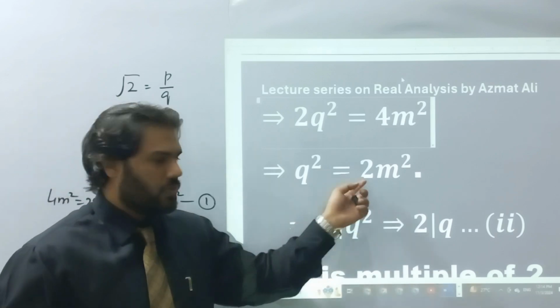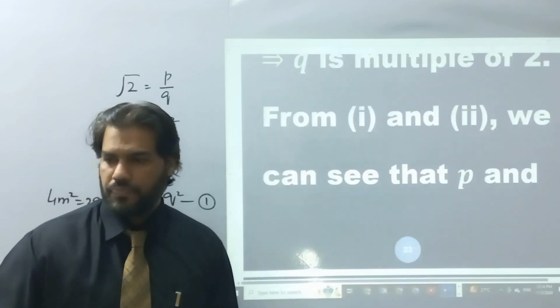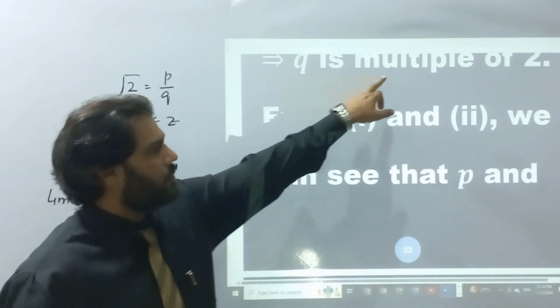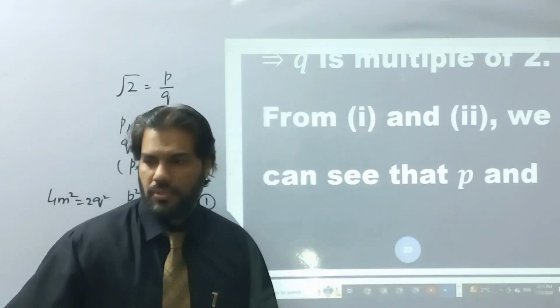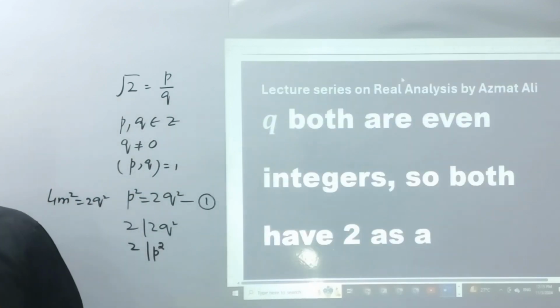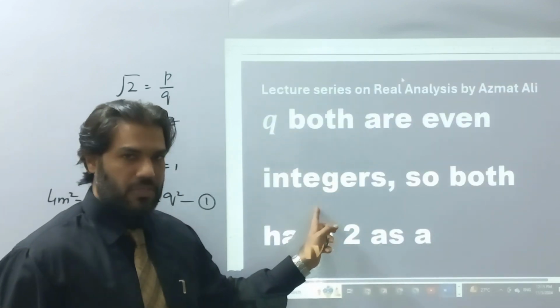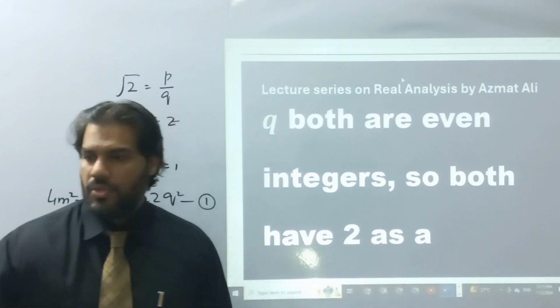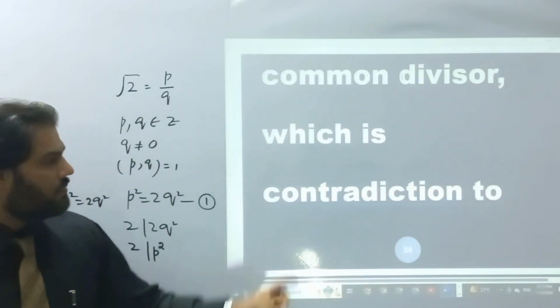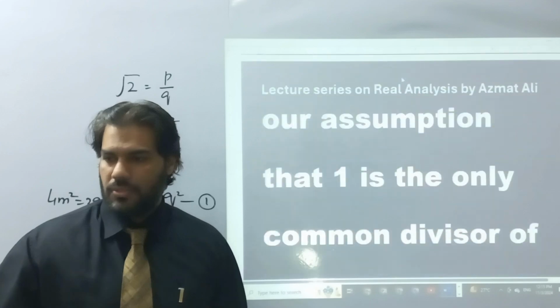Now from equation number 1 and 2, q is a multiple of 2. From equation number 1 and 2, we can see that p and q both are even integers. So both have 2 as a common divisor, which is a contradiction to our assumption.